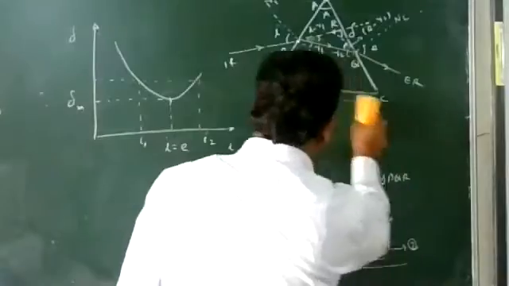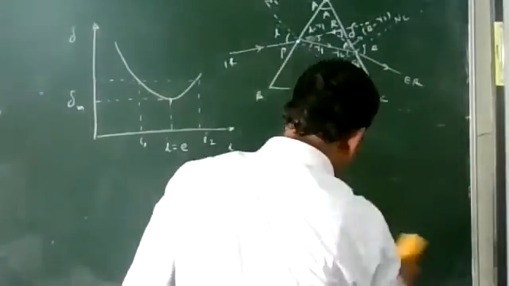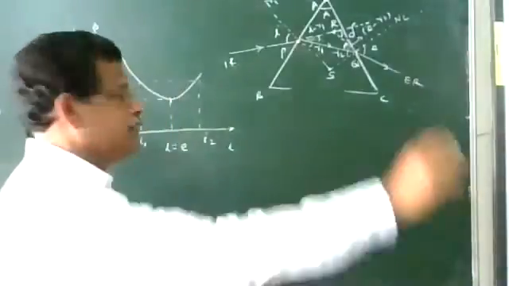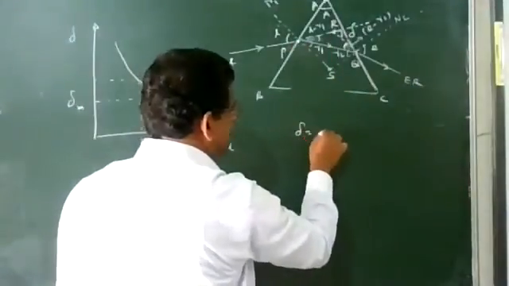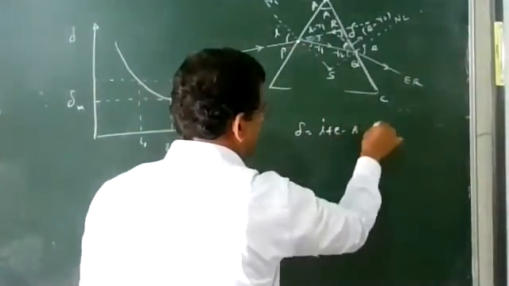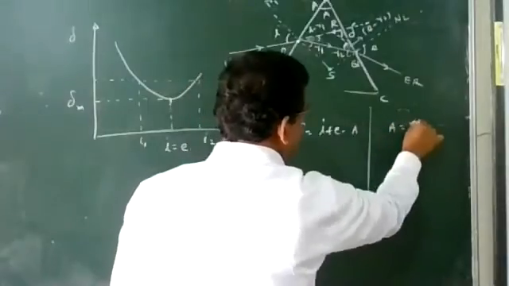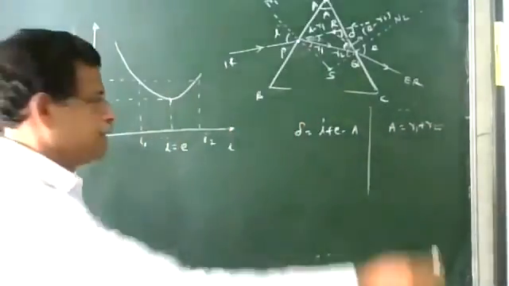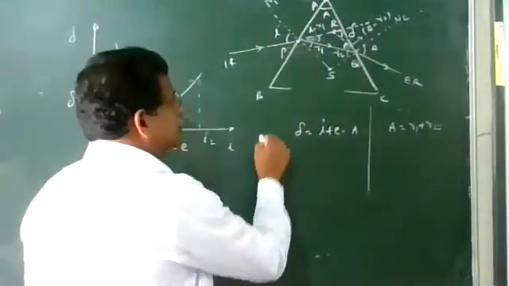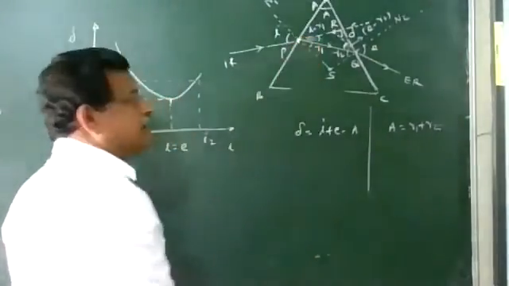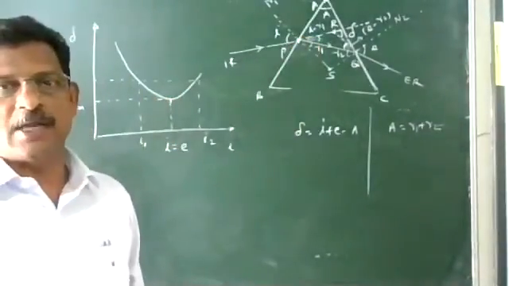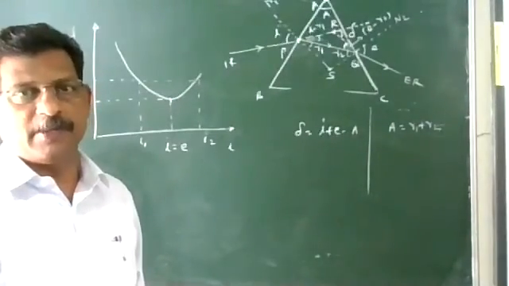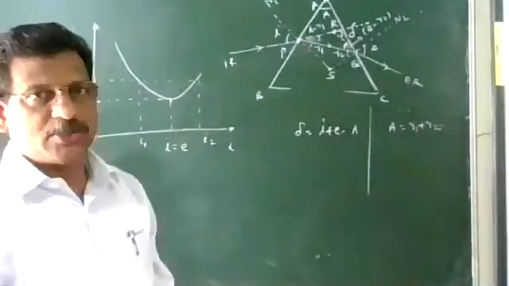Next is how to get the prism formula. Discuss refraction through the prism and get the prism formula. Deviation is I plus E minus A, where A equals R1 plus R2. Using Snell's law for refraction at P, you will get the refractive index of the prism material.